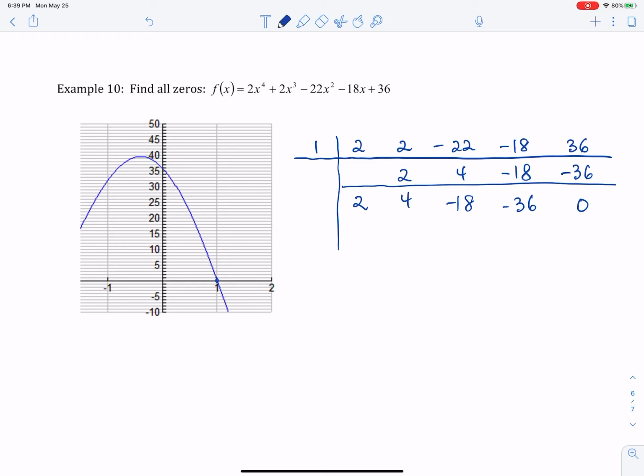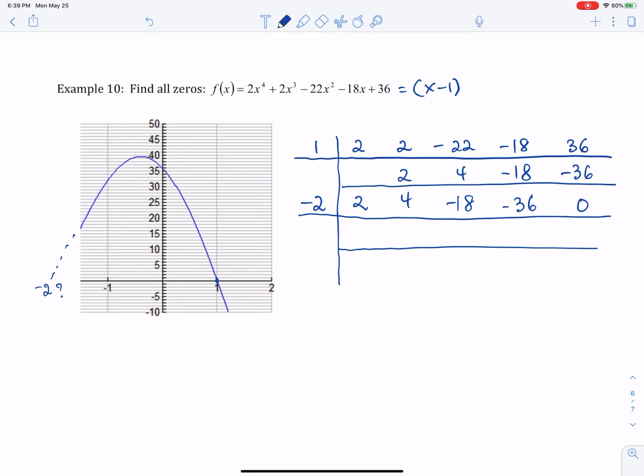So we were able to factor by x minus 1. Now I can see that this function goes down to negative 2 eventually. So I'm going to check immediately with negative 2 to see if negative 2 is by chance a zero. Again, drop.